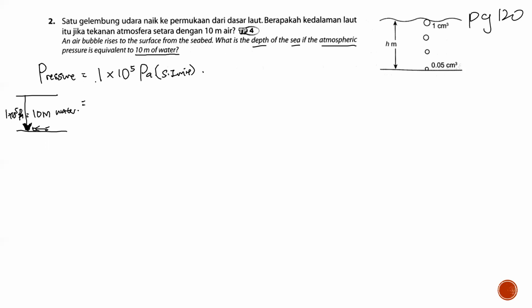Okay, so we also can say that atmospheric pressure equals to 10 meters of water, H2O. So we can say air pressure in Pascal. We also can say atmospheric pressure is 10 meters of water.